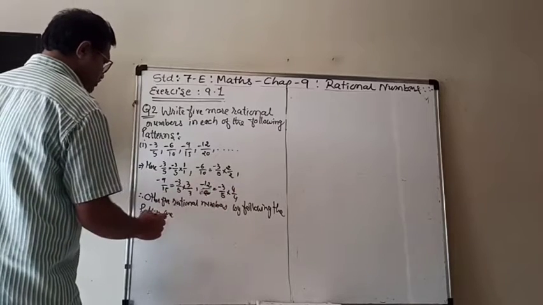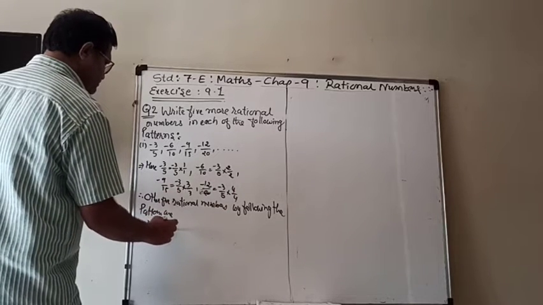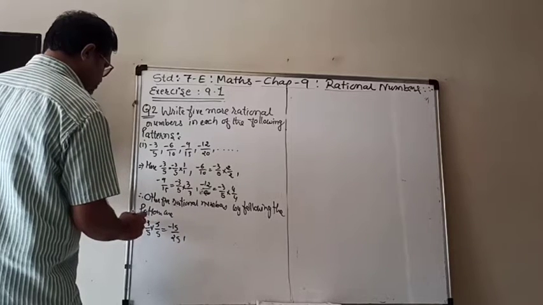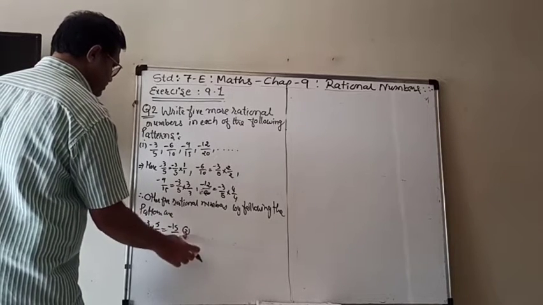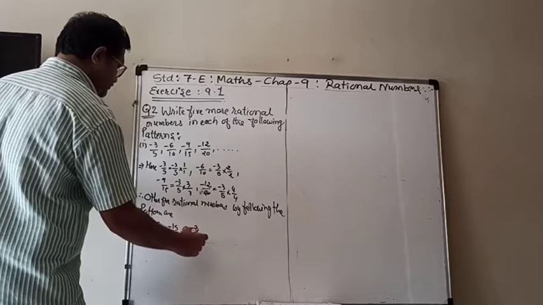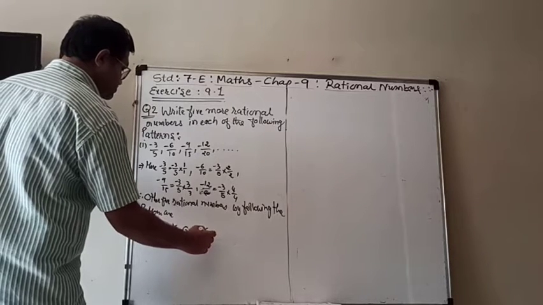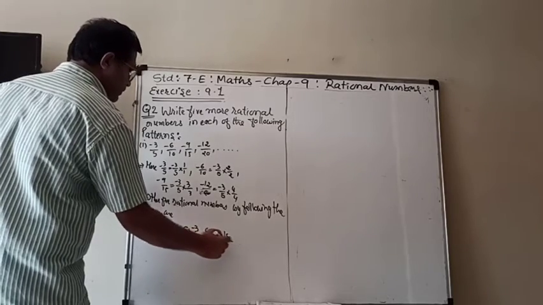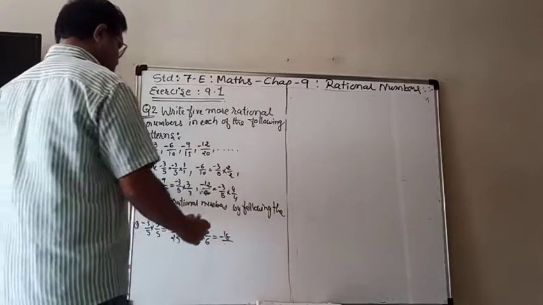Here up to 4, so we have to multiply by 5 upon 5. That is minus 15 upon 25. First one. Second, minus 3 upon 5 multiply by 6 upon 6. That is minus 18 upon 30.